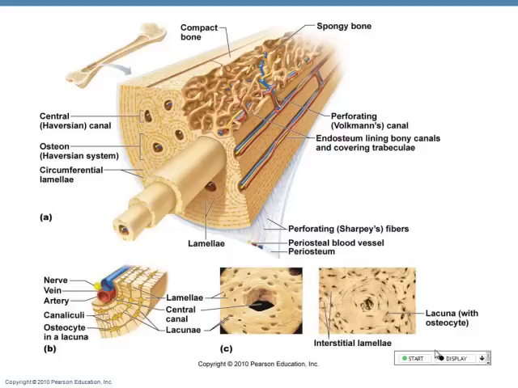These are called osteons. Sometimes they're referred to as Haversian systems because guess what they call this canal or space? It's called the Haversian canal or central canal. And that's where we're going to find blood supply.